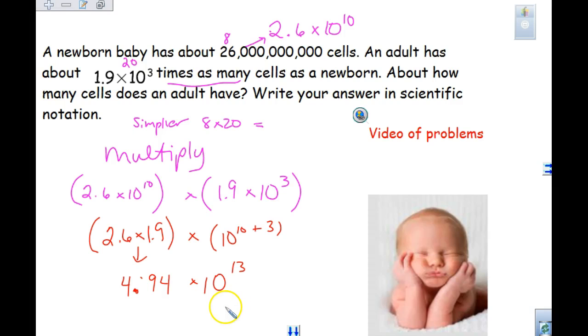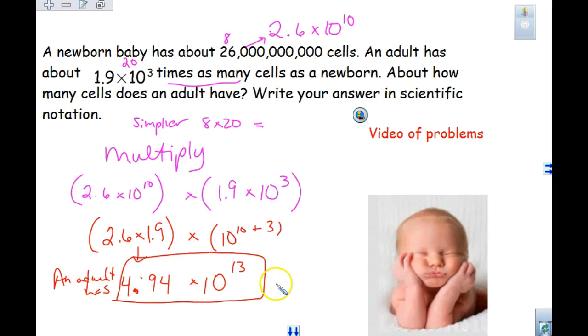Times 10 to the 13. Is our answer in scientific notation? Yes. The question said about how many cells does an adult have? We would say an adult has 4.94 times 10 to the 13 cells.